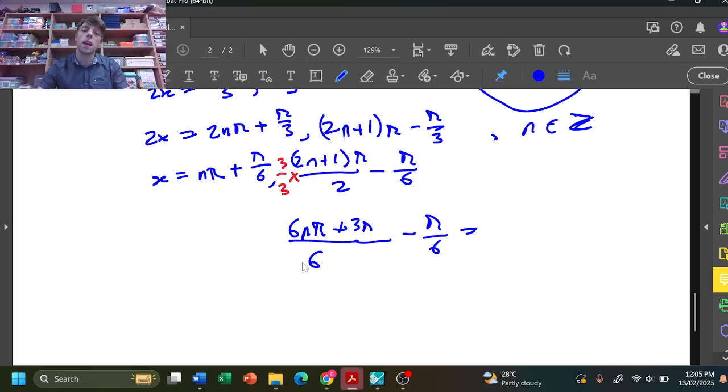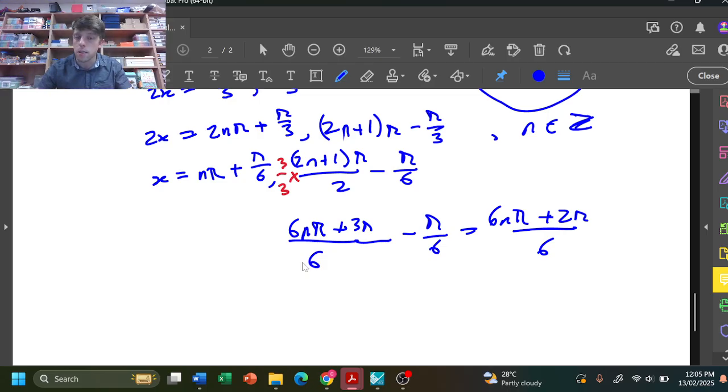Because we have two fractions with the same denominator, we can write this as one giant fraction. And if we do that, we're going to get 6n pi, and then we'll have plus 3 pi minus pi, which gives us plus 2 pi. Okay, that's looking good. Now can we simplify this any further? Well, we could split this fraction again.